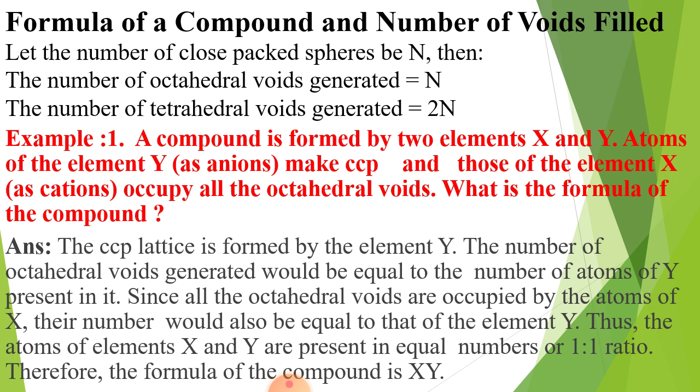In case of an ionic solid, the bigger ions, generally anions, form the CCP structure, and the smaller ions generally occupy the voids.